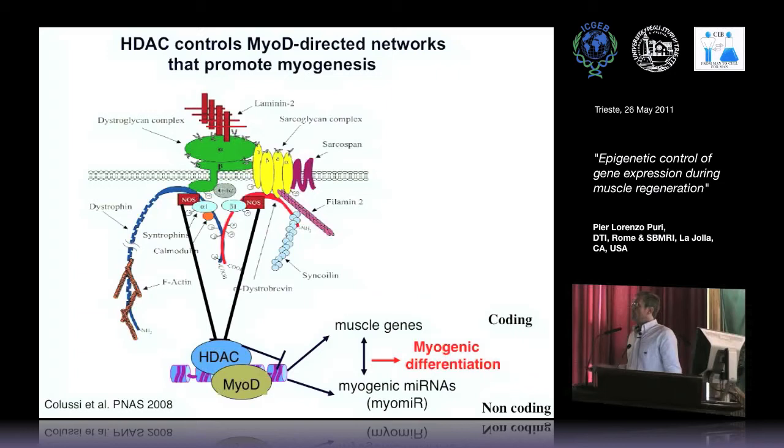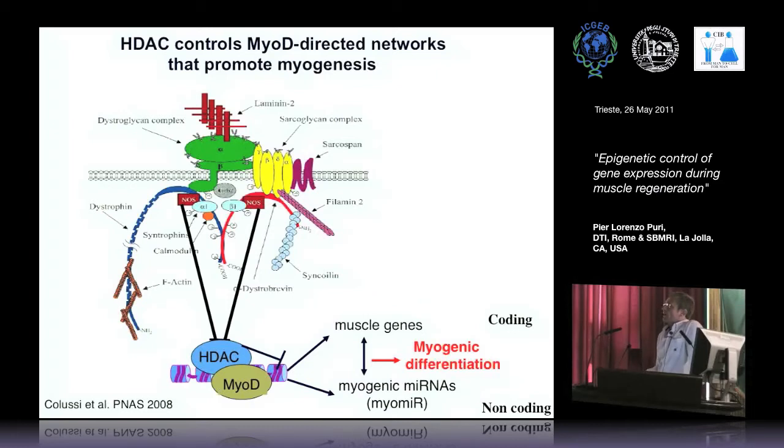And this signaling through dystrophin, activated nitric oxide nitrosylation of HDAC2 in this case, and disruption of the inhibition of HDAC on MyoD is actually the first example of the epigenetic regulation of gene expression in muscle cells due to the loss of one component of the dystrophin-associated complex.